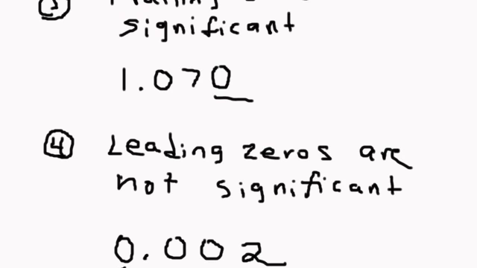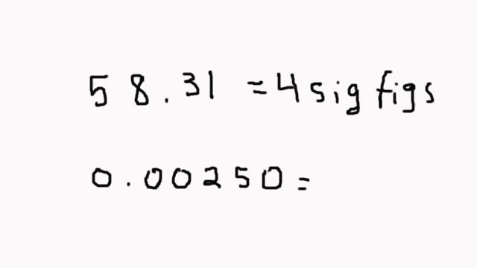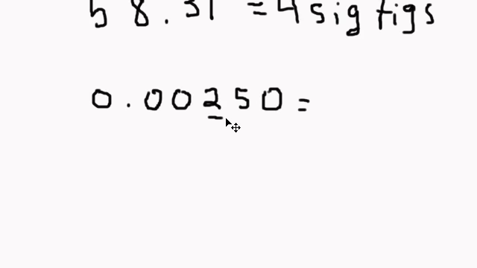Alright, the next example, 0.00250. We know that the zeros on the left side, so these 3 zeros over here, are not significant, but we do know that the 0 on the right hand side is significant because this is a trailing 0. Remember, trailing zeros are to the right and leading zeros are to the left. So this number has 3 significant figures.